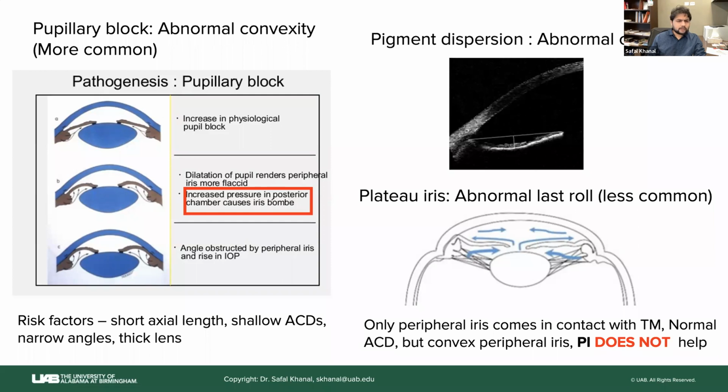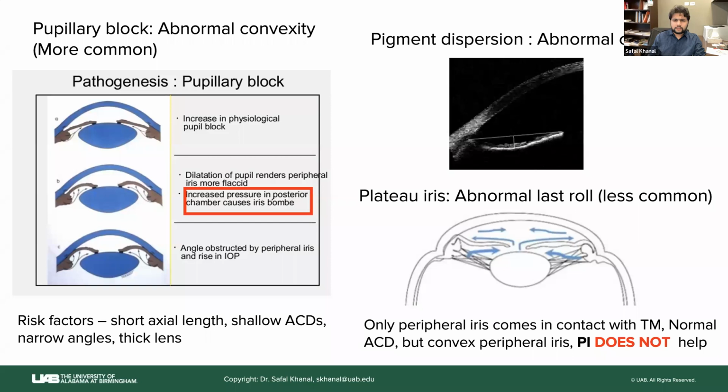And this causes the peripheral iris to block the angle structures, causing an increase in IOP. Some of the risk factors for this condition are short axial length, shallow anterior chamber depth, narrow angles, and a thick lens. There is also the condition of abnormal concavity of the iris, and it is called pigment dispersion.